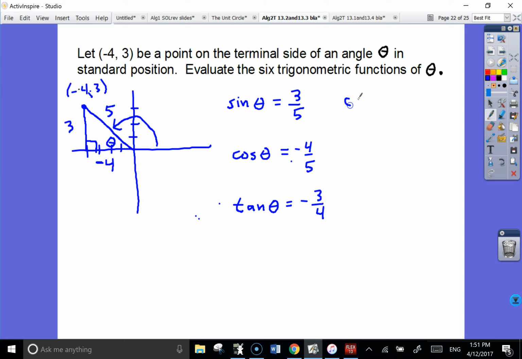Then we do the flips: cosecant, secant, and cotangent. The flip of 3/5 is 5/3. Negative 5/4. And negative 4/3. Yep.